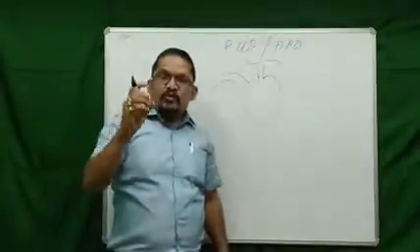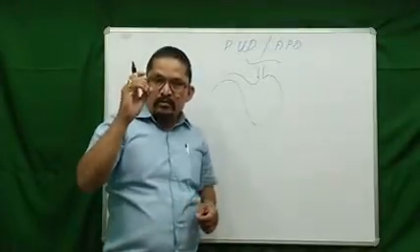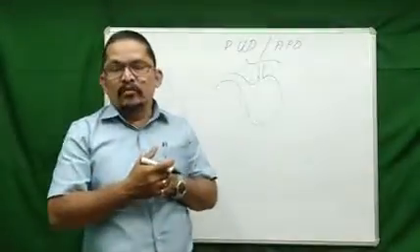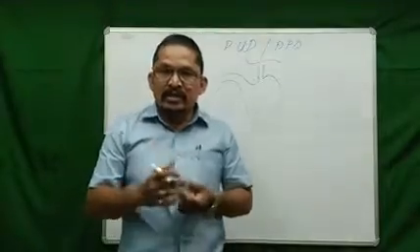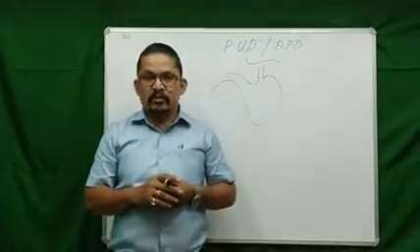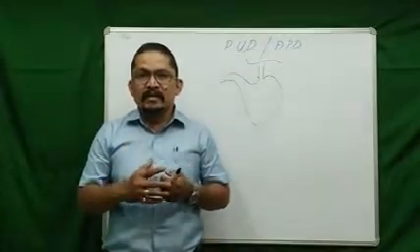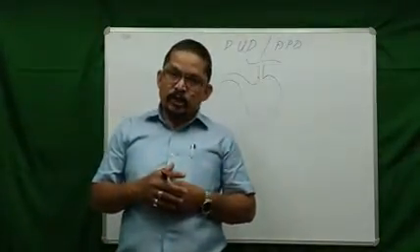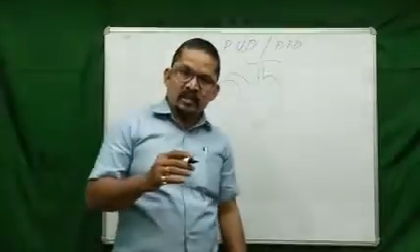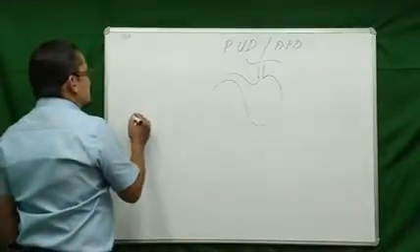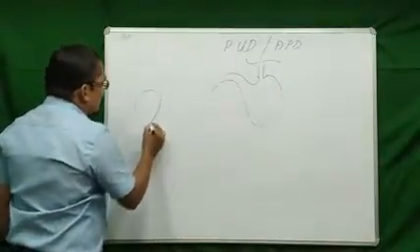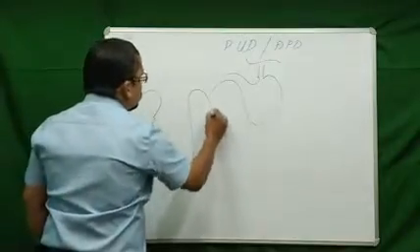Even with an endoscope, while viewing the inner side of our stomach, you can see some finger-like projections. Morphologically, in the inner layer you can see these finger-like projections. These are known as gastric rugae.